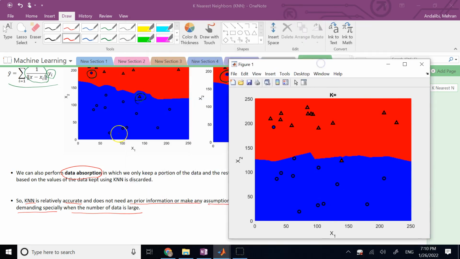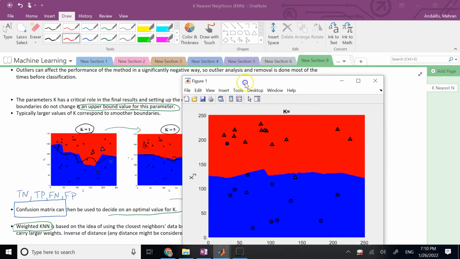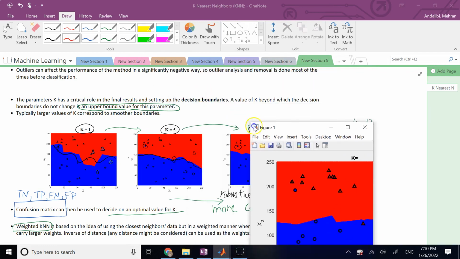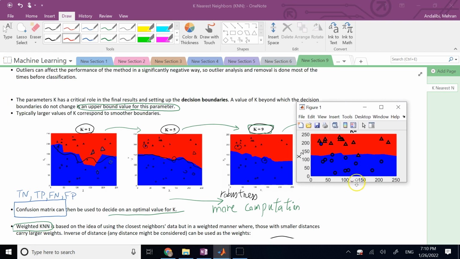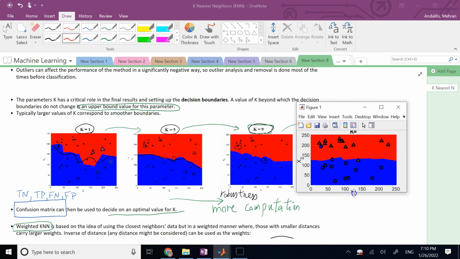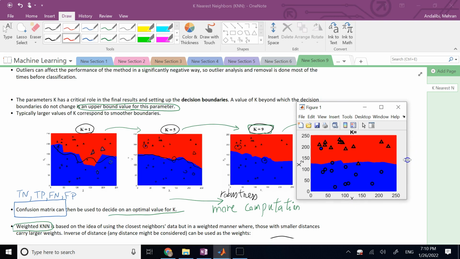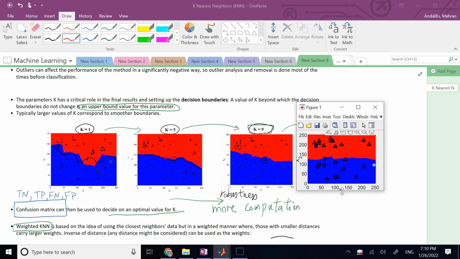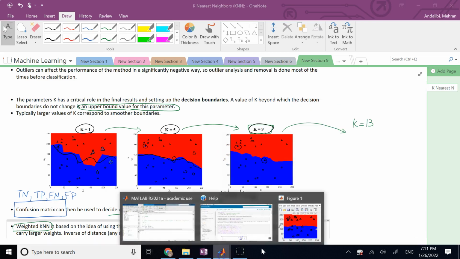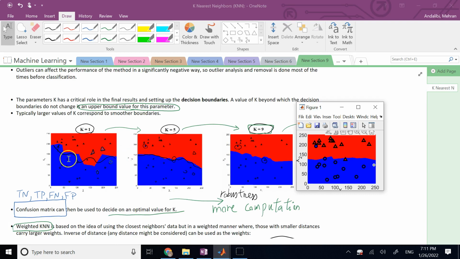For some reason, it's not showing the number 13 here, but if you put it next to k of 9, then you see that there is some shift in the boundaries. Still, there is some shift in the boundary, and it's mostly this region on the left, but it's not as significant as when you jump from k of 1 to k of 5.